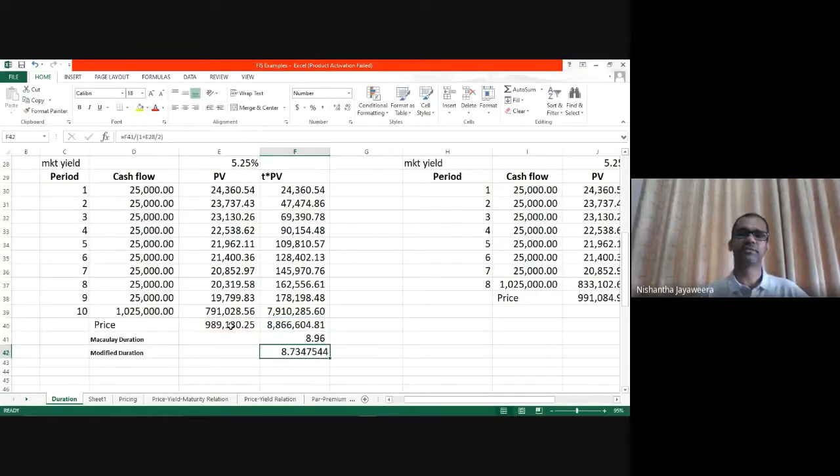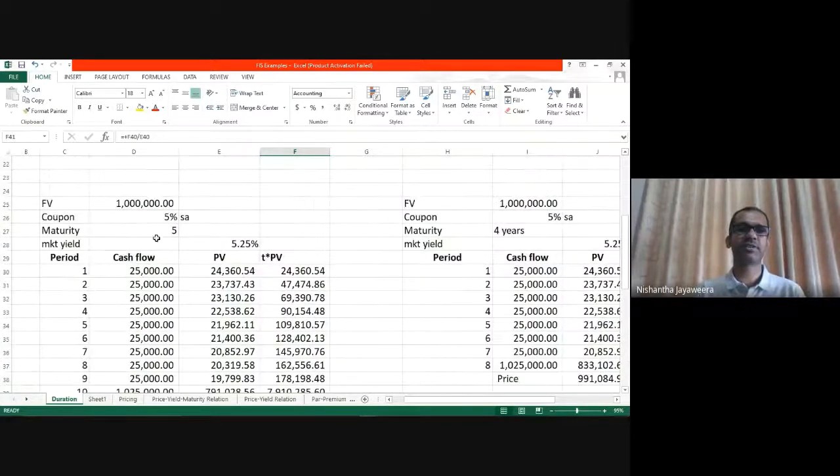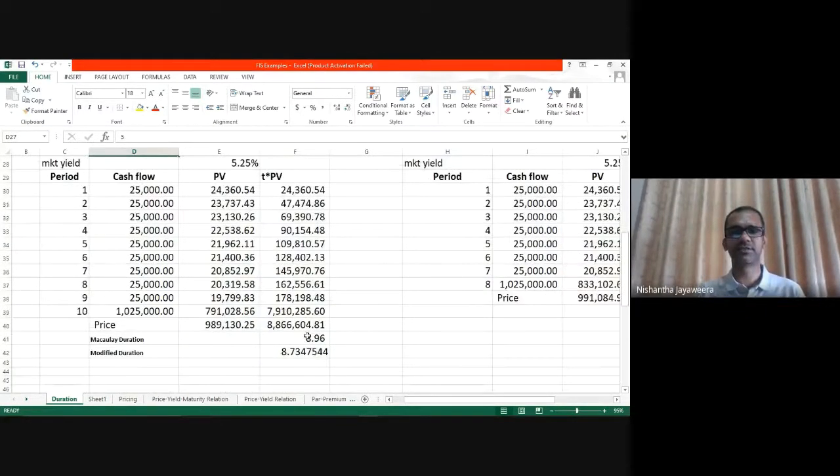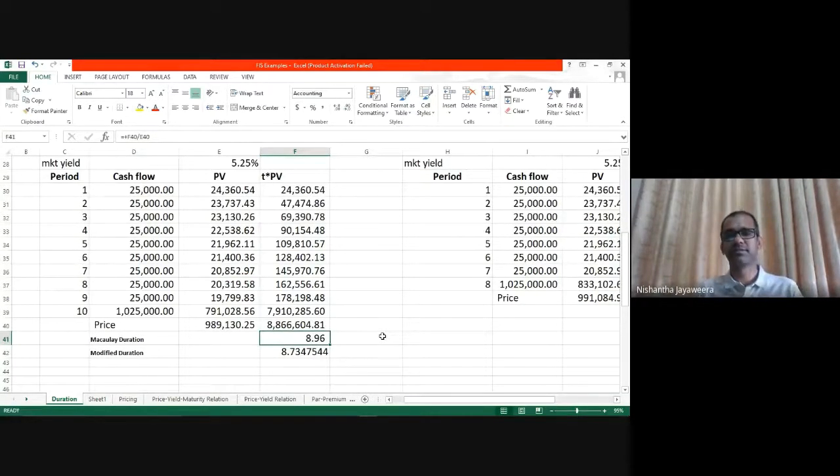What do we get? We get 8.96. 8.96 what? The time to maturity is 5 years. Now this duration figure comes as 8.96.